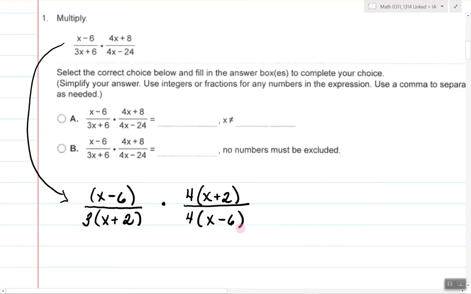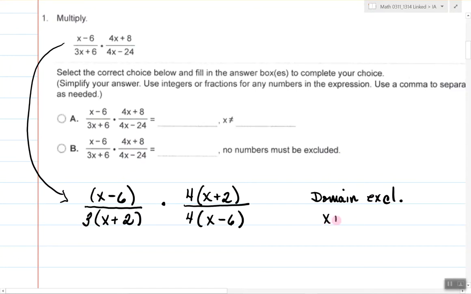Before I do my reducing, sometimes called my canceling, I want to look at the domain exclusions. For the first one, 3 is not a problem because it cannot equal 0.